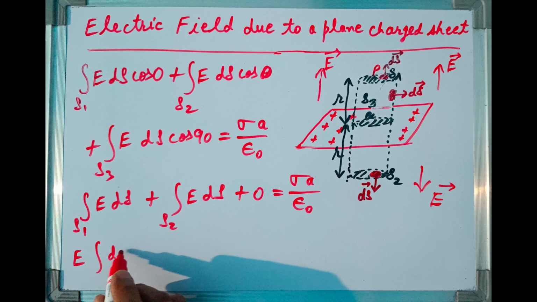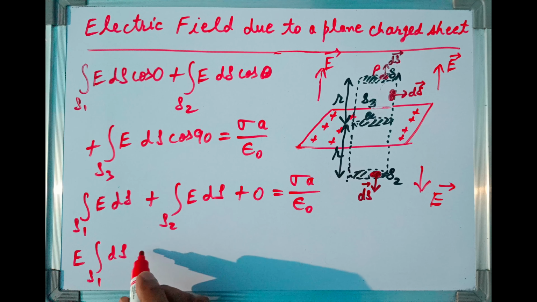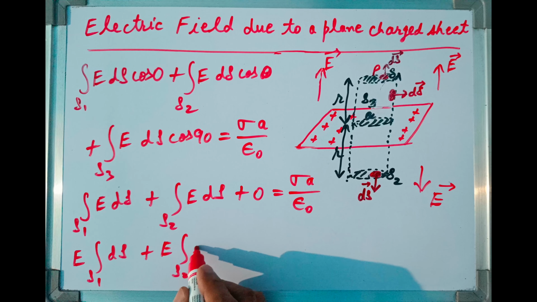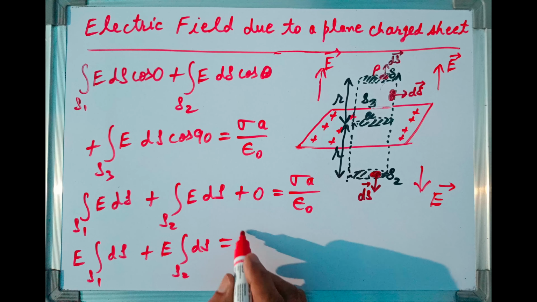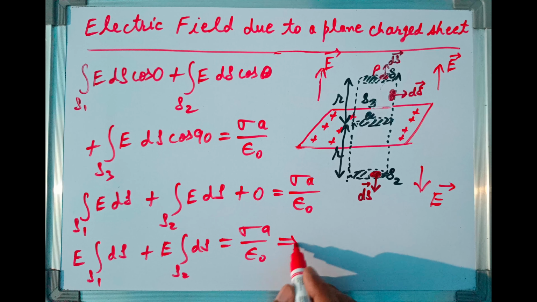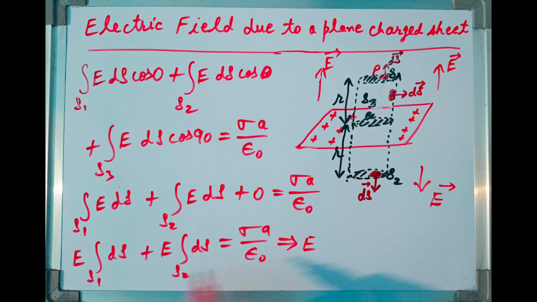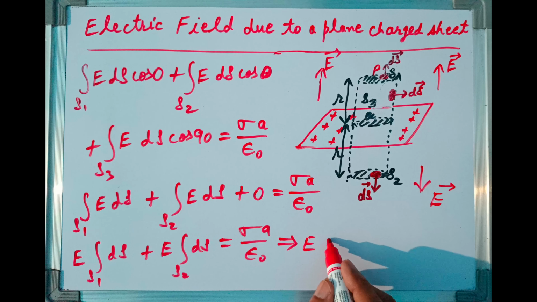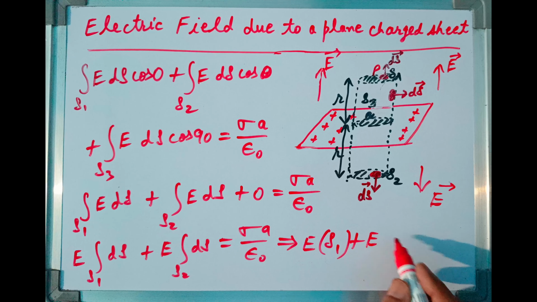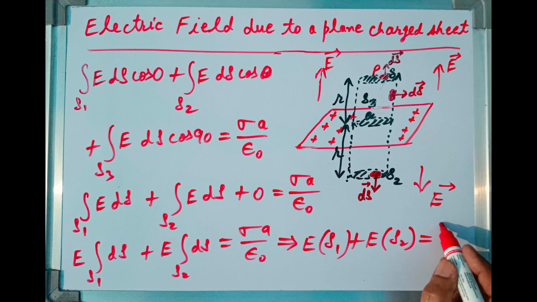We are left with E integral ds over S1 plus E integral ds over S2 equal to sigma A upon epsilon naught. This will give us answer for the integral ds over S1 will be S1 plus this area will be S2, and right hand side is same, sigma A upon epsilon naught.